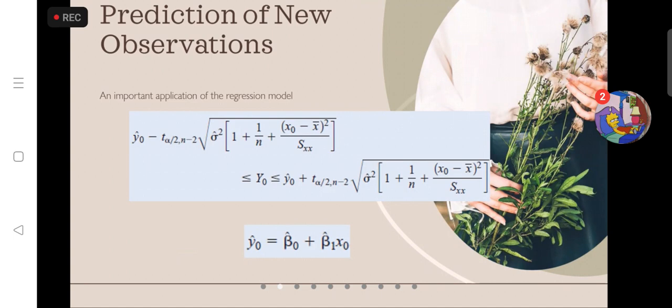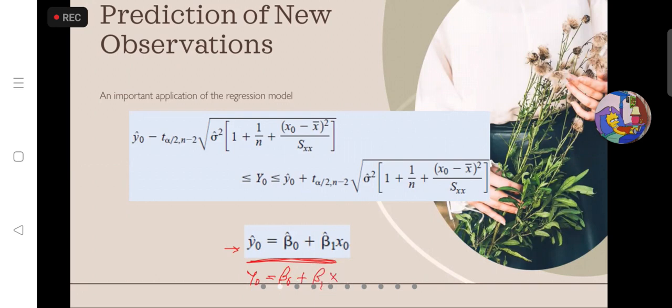So, our regression model is this one. But we all know that this model is just an estimate of the values. So the exact value for our regression model is y0 equals b0 plus b1x.